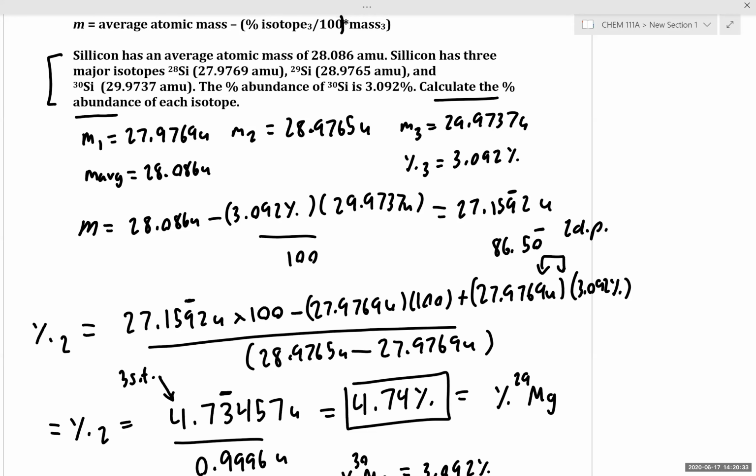So we didn't use that, correct? Like we didn't actually use the 27.15. Oh no, we did. This mass is inputted in right here. Oh, okay. Does that make sense? Yeah, and that's part I had put 28.086, and I had put atomic mass.